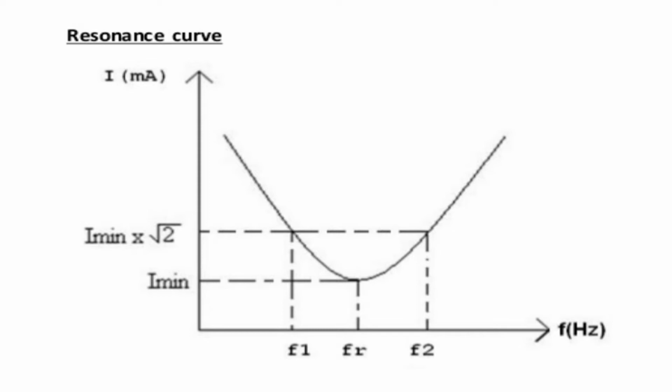Fr is the resonance frequency and I is the current. The graph is between current and frequency. At resonance frequency Fr, the current I is minimum. Just below this Fr, the circuit is inductive and after that the circuit is capacitive.